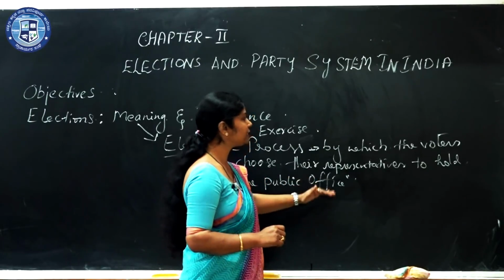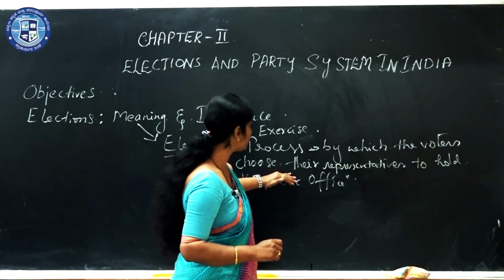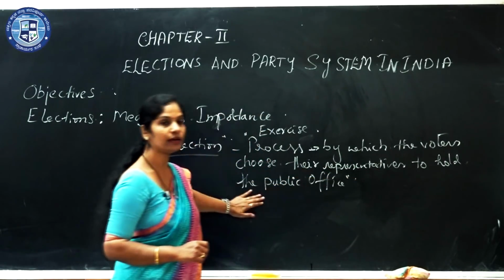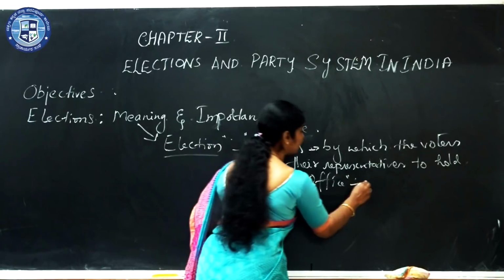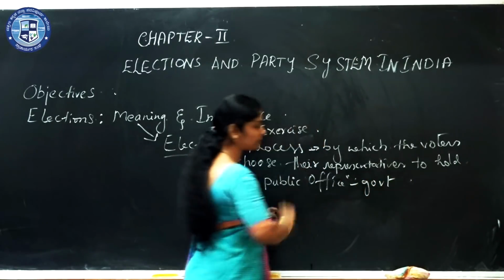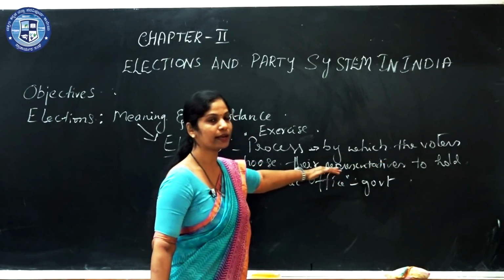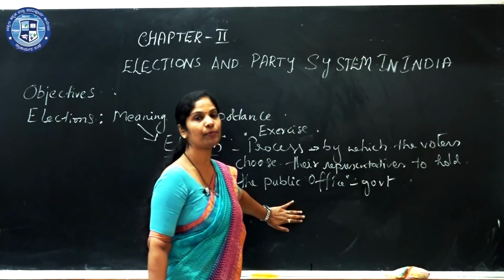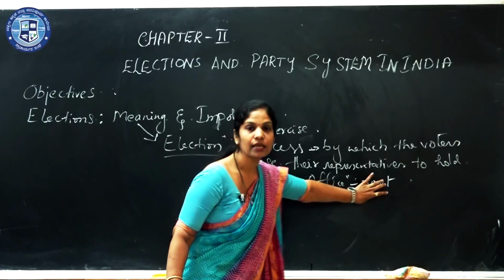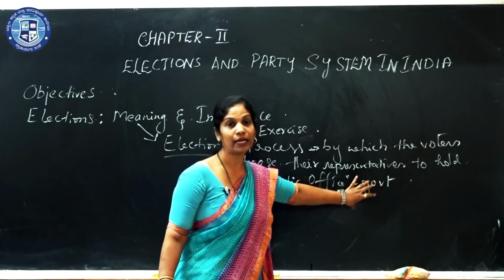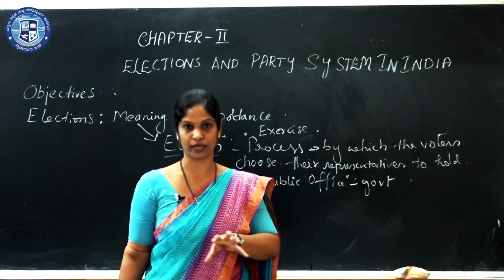So, all the eligible voters choose their representatives to hold the public office. To be very specific, public office means the government. The voters choose their representatives to hold the public office, that means the government in general, or the government to be very specific.